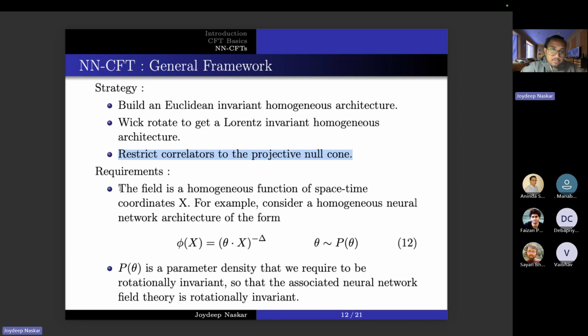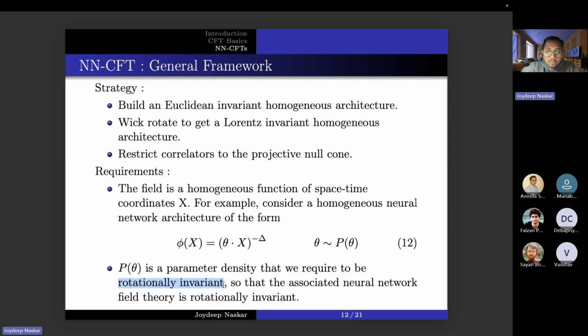The requirements that I'm going to impose on the network and also on the fields is that the output function for the field I choose must be homogeneous. You can choose it in any way you like, you can nest it and so on; at the end of the day, it just should be homogeneous. And the probability distribution for the parameters that you're taking needs to be rotationally invariant.